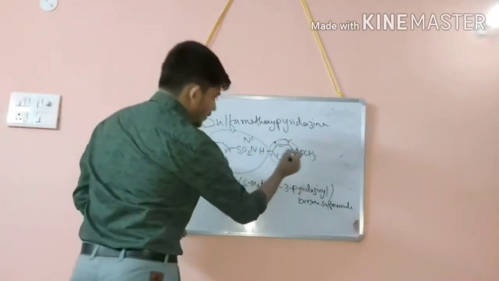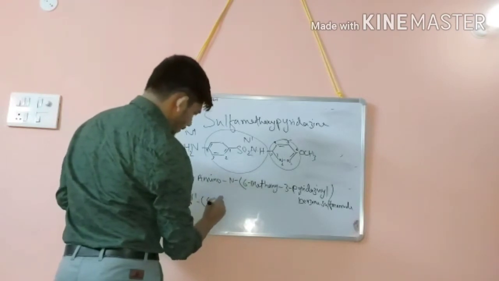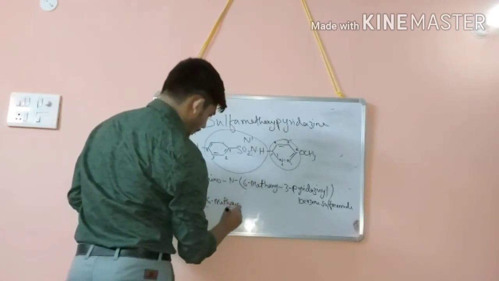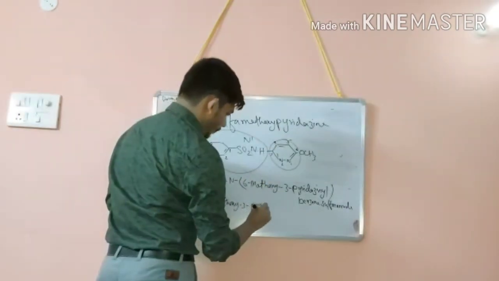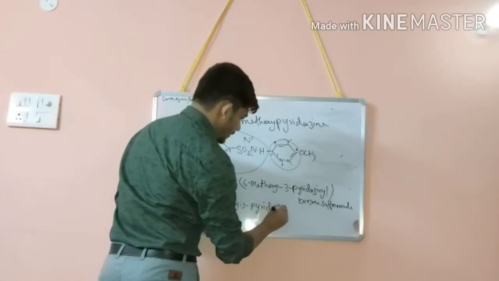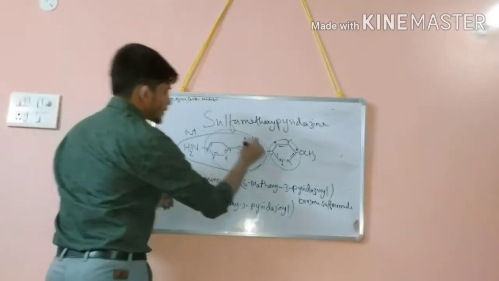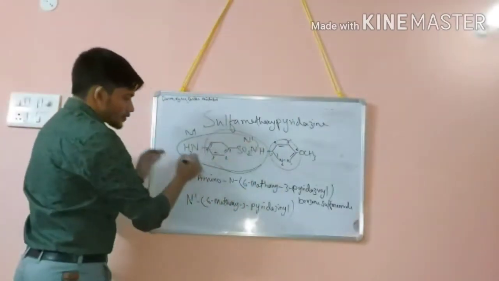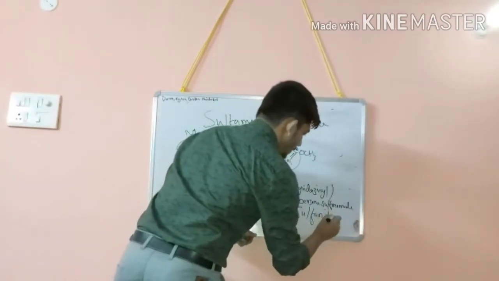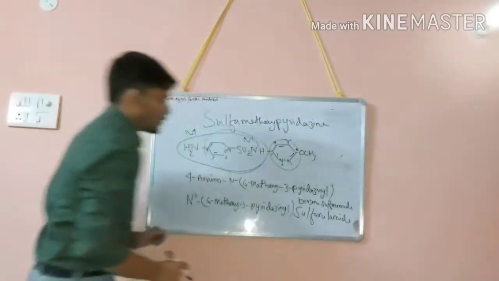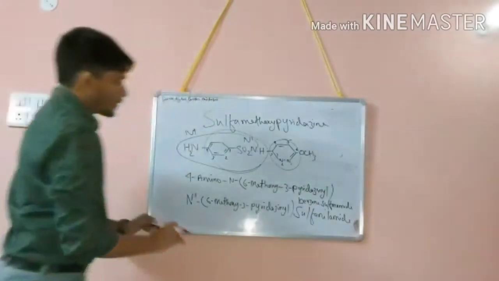This structure: 6-methoxy, 3-pyridazinyl. Then we end with the whole of this structure. What is the name of this portion? Sulfanilamide. So this is one more nomenclature: N1, 6-methoxy, 3-pyridazinyl, sulfanilamide.